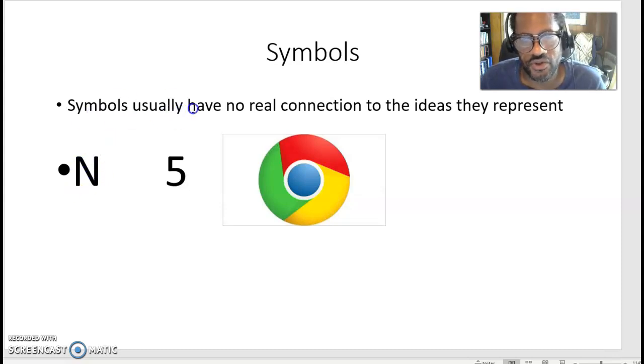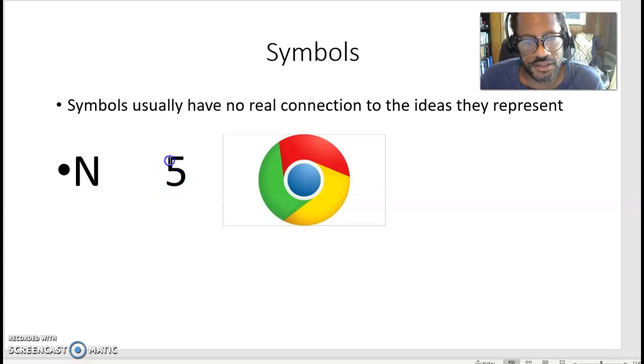So as I said, symbols usually have no real connection to the ideas they represent. There's nothing about this that tells us that it should be the sound of an N and not the sound of, let's say, a Z, which it's on sideways, or the sound of an S, right? There's nothing about this shape that tells us that. Similarly, there's nothing about this numeral 5, right, that tells us anything about how many things you have.